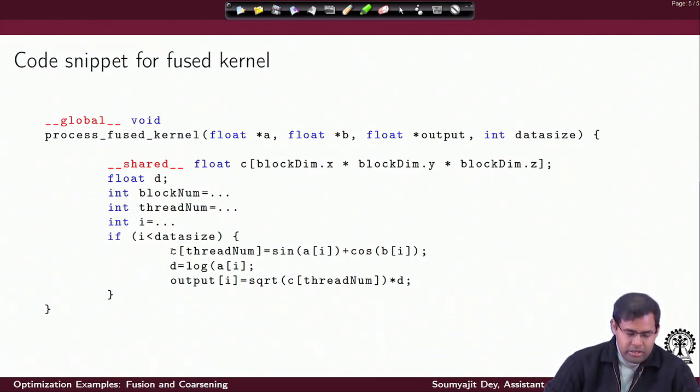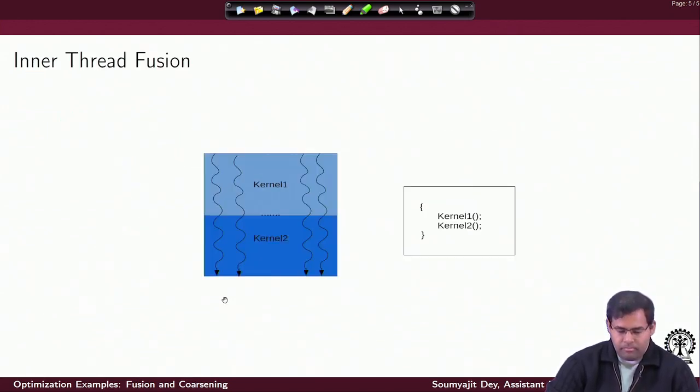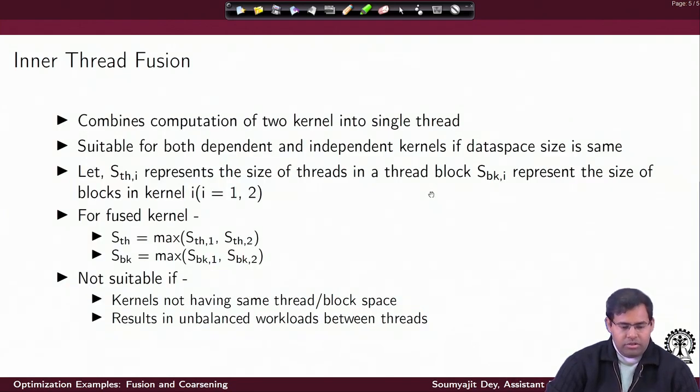I have just written down those operations in a sequence, without violating the partial order enforced by the original kernel DAG. So, this is in a nutshell the idea of kernel fusion when we do inner thread fusion. You just write a per thread activity which is a sequence of the 2 kernel codes.